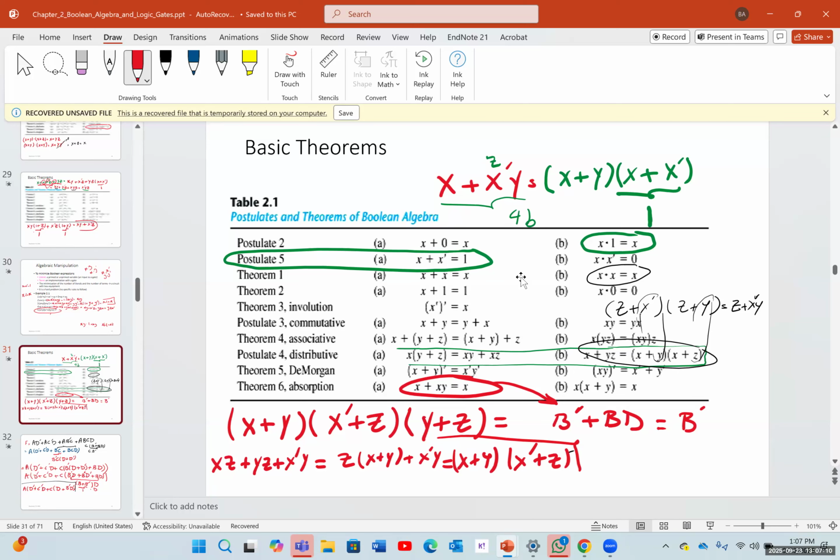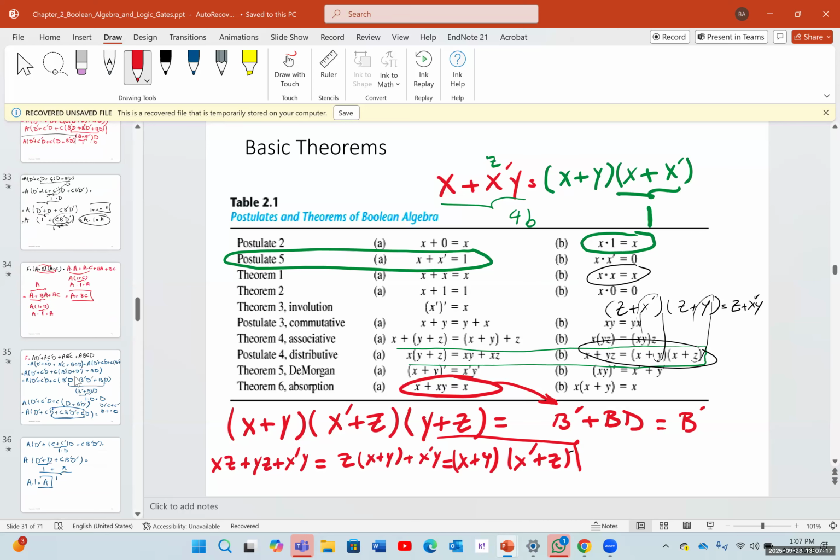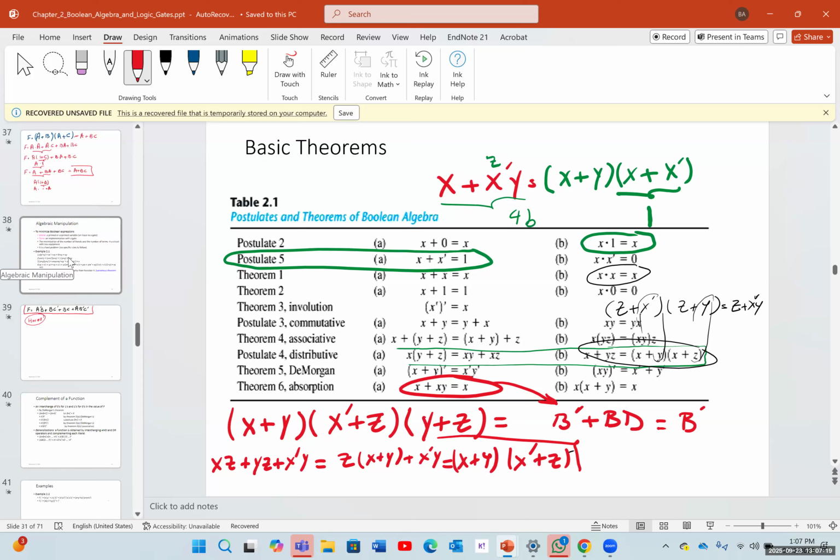It's difficult to memorize this. It's difficult to manually simplify functions, sometimes when you have a very large function. Another approach is to use what we call a K-map or Karnaugh map. And to learn that, we first need to learn about minterms and maxterms and what we call sum of products or product of sums.